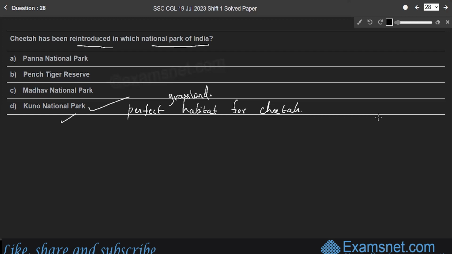Reintroductions of large carnivores have increasingly been recognized as a strategy to conserve threatened species and restore ecosystem functions. India now has the economic ability to consider restoring its lost natural heritage for ethical as well as ecological reasons. So option D, Kuno National Park, is the right answer.